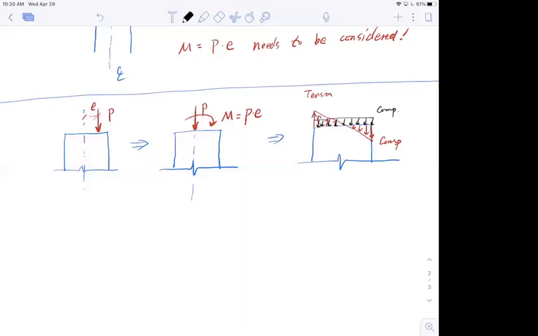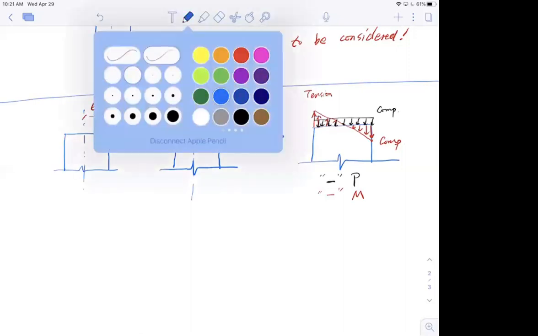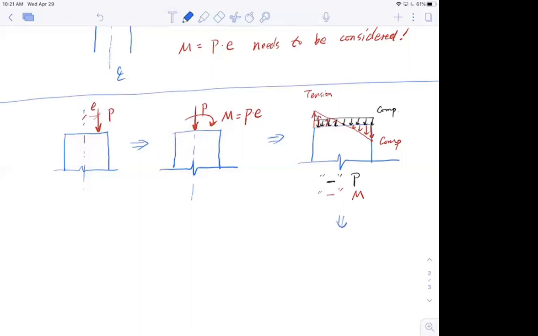So black color from P and red color from moment. That is what we're seeing here. So the actual stress, finally, should look something like this.